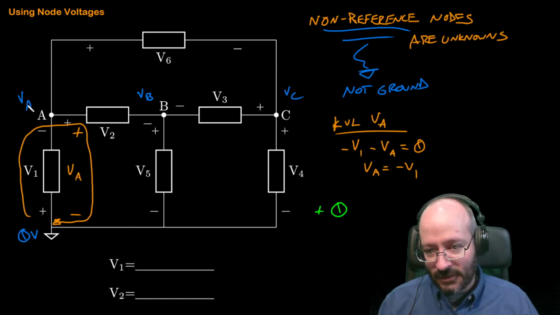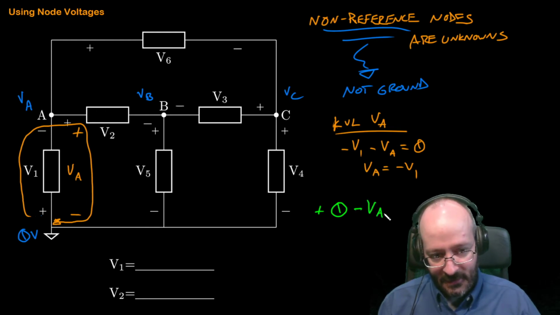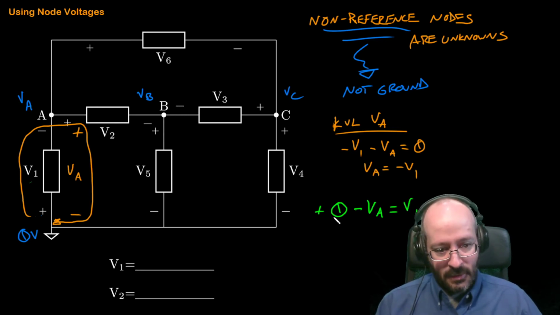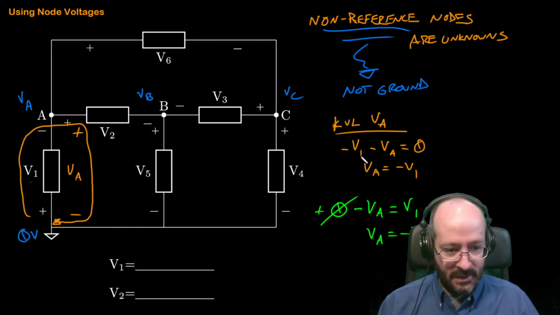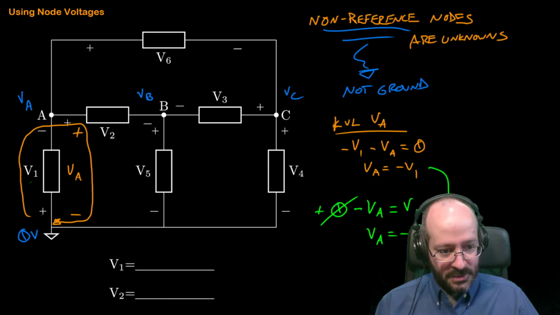What's connected to the negative side? So A is connected to the negative side, minus VA. And that's equal to whatever's over here. So that's V1. So 0 drops out, and we get negative VA equals V1, which we can, of course, multiply both sides by -1, and we end up with an equivalent equation.